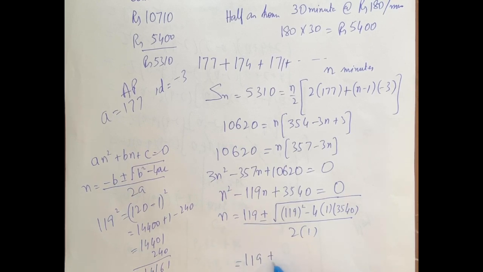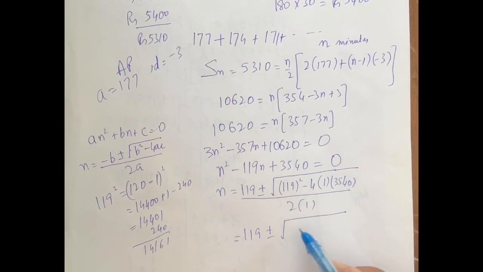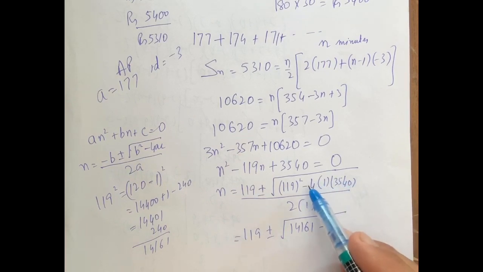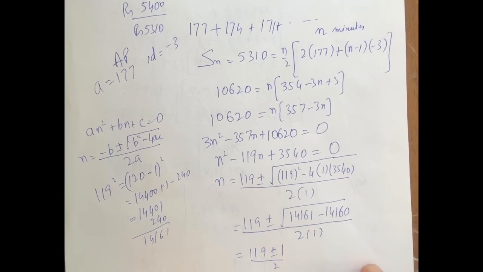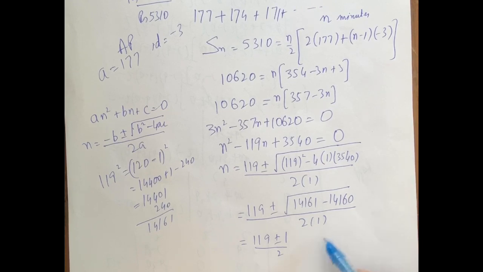So 119 plus minus the square root of 14161 minus 3540 into 4, which is 14160, divided by 2 into 1. So 119 plus minus 1, upon 2. So we get two values of n, that is n is 60 or n is 59.